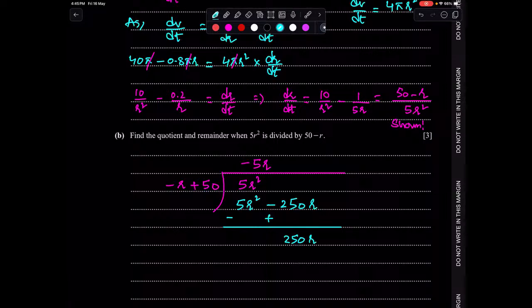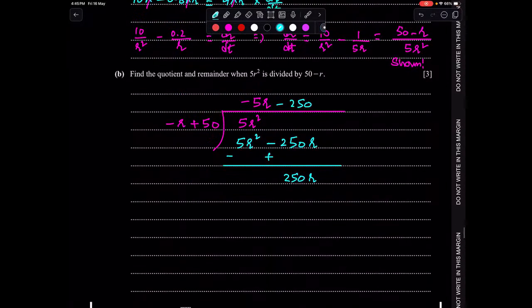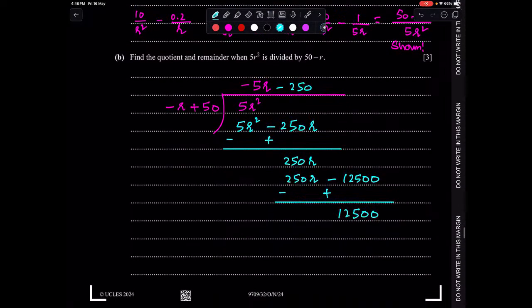Now divide 250r by minus r. You will get minus 250. Multiply minus 250 with minus r will give you 250r. And then multiply minus 250 with 50. That will give you minus 12500. Now change the signs. And the remainder is 12500. 250 times 50 is 12500.